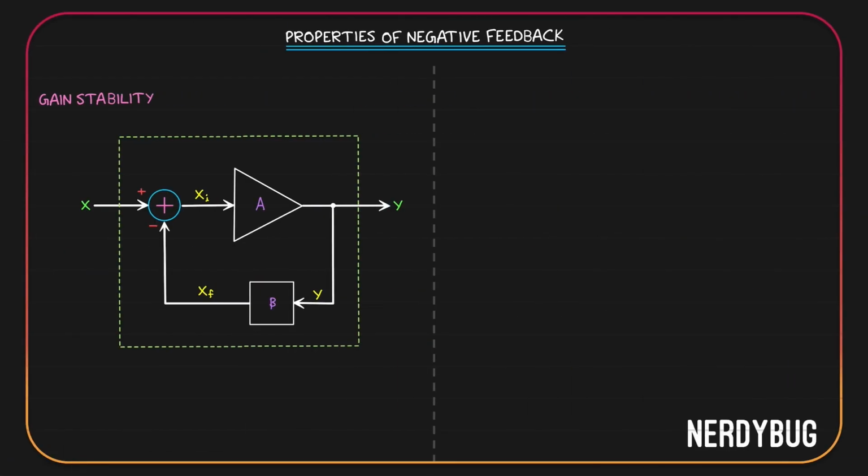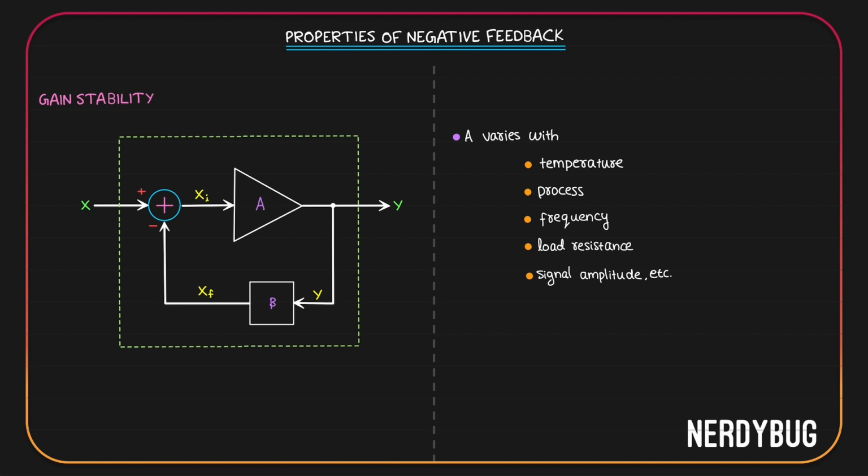Let us now understand how negative feedback helps gain stability. We have already seen that the open loop gain of the amplifier A is not very stable. A can vary with temperature, process, frequency, load resistance, signal amplitude, and many other factors.